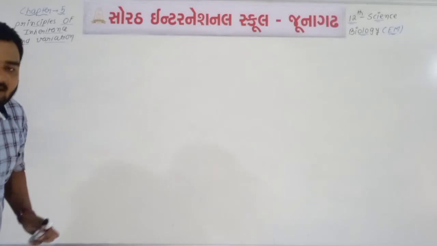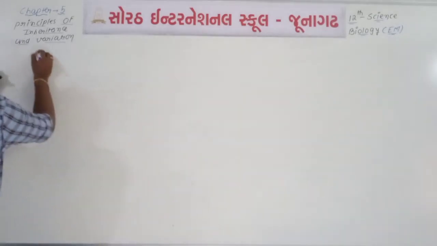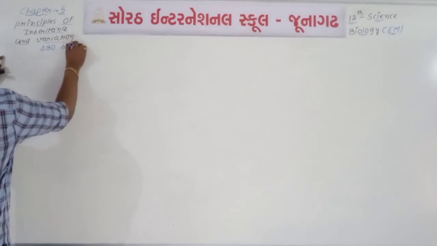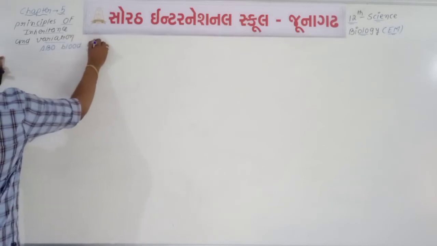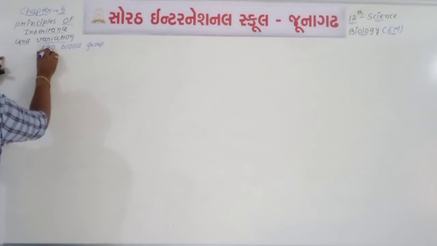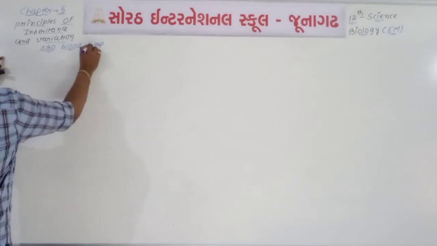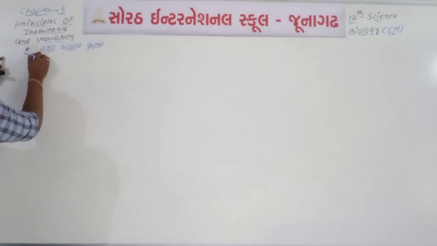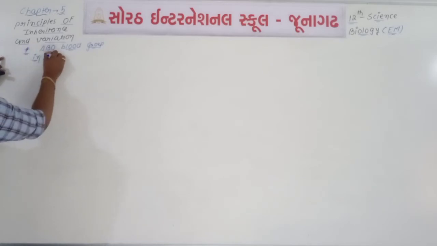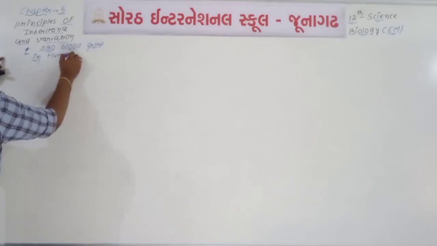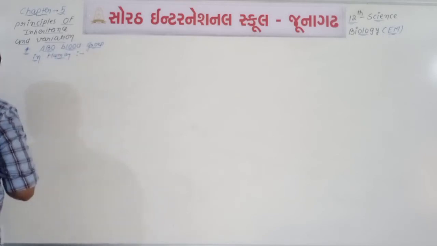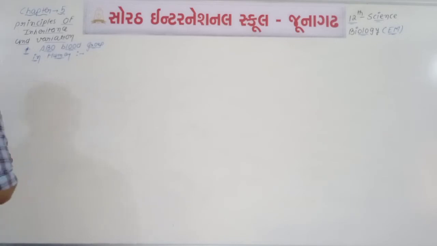Okay, so see here, if we talk about the ABO blood group in human, now I am writing the different 4 types of blood group.